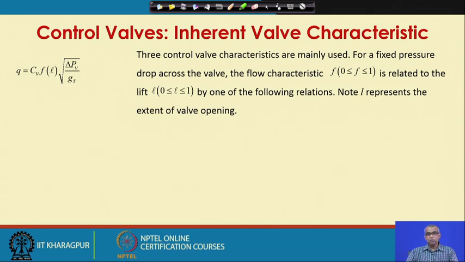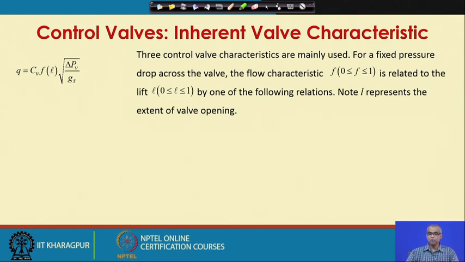There are three types of control valve characteristics. I am talking about inherent valve characteristics. These three types of valve characteristics can arise when the control valve is not connected to the pipelines.